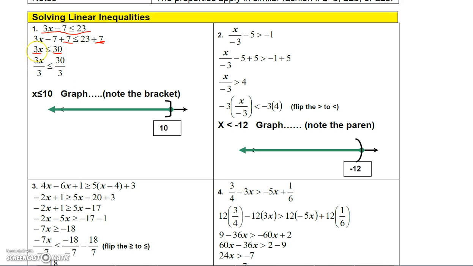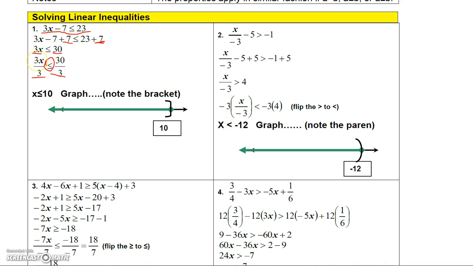Now, I've got to divide 3x by something so that it becomes x. What do I divide by? Do I divide by a positive or a negative number? Right, I'm going to divide by a positive 3. So divide 3x by positive 3. And since I'm dividing by a positive number, the inequality stays the same. It stays less than or equal to. And 30 divided by 3 is 10.